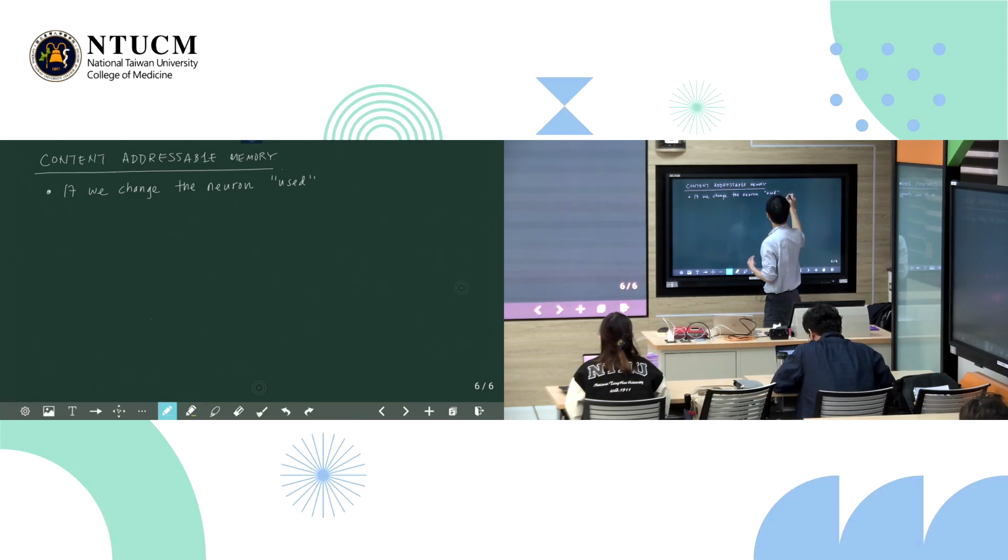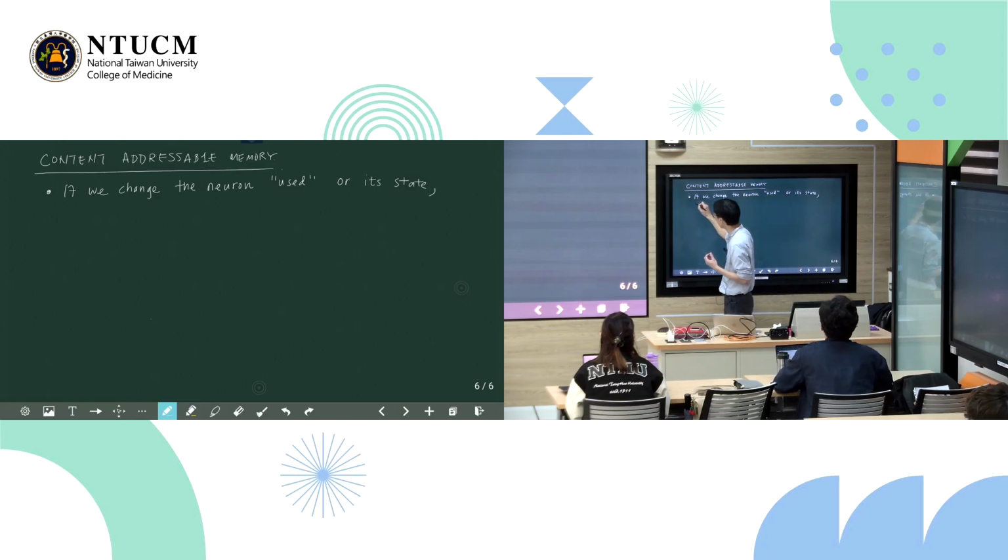If we use a different neuron, or we change that same neuron, but we change its state, so its level of activity, okay? That is equivalent to we change the content.